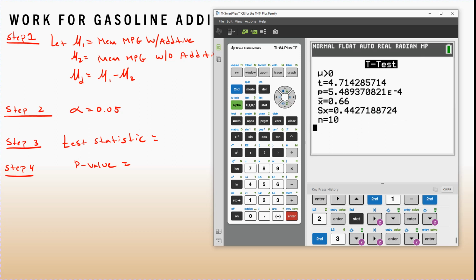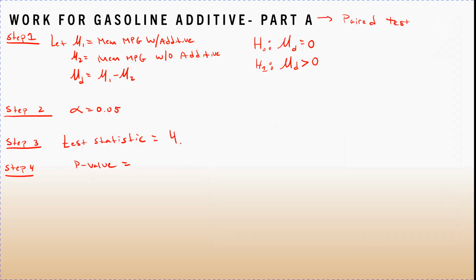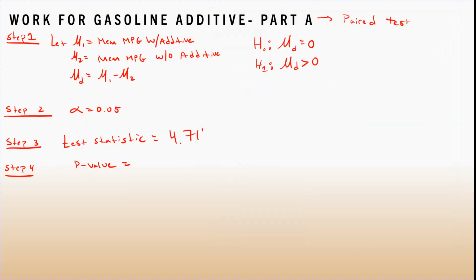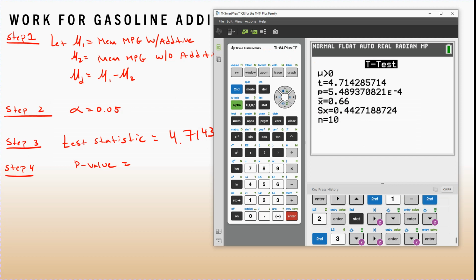So the test statistic here is 4.7143 when I round it. And the p-value, when you see this e to the minus 4, what that means is take this and move it to the left 4 spaces.